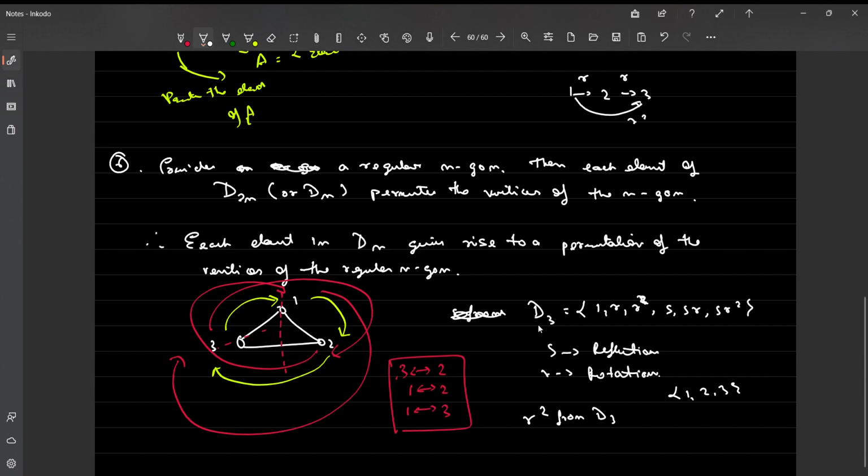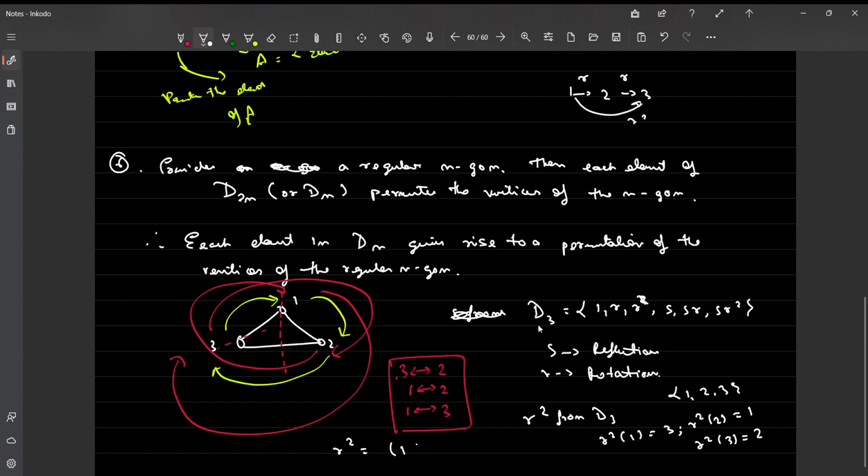If you consider the vertices as the elements 1, 2, 3, then what is R squared of 1? After rotating twice by 120 degrees, 1 goes to 3. Similarly, R squared sends 2 to 1, and 3 to 2.